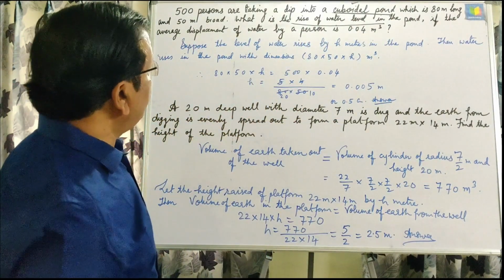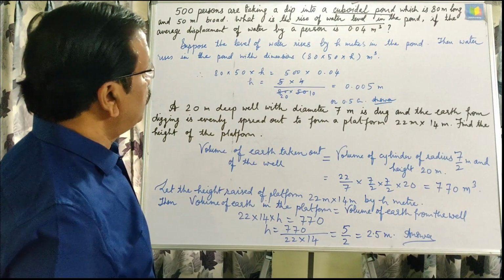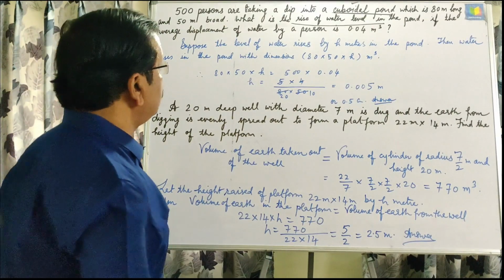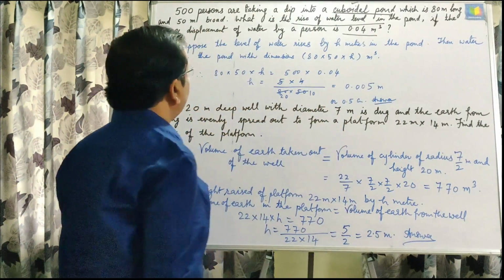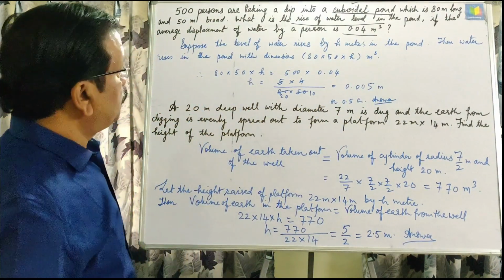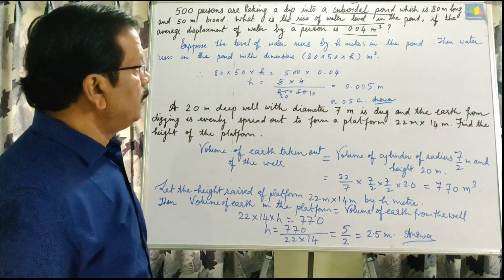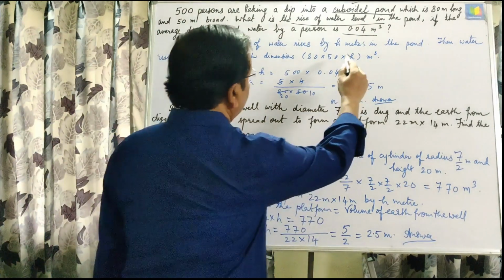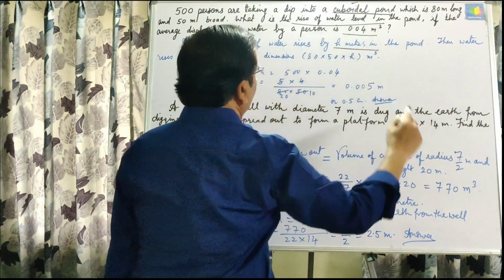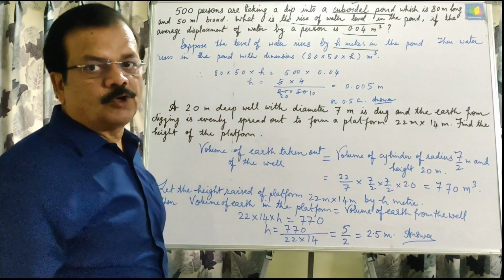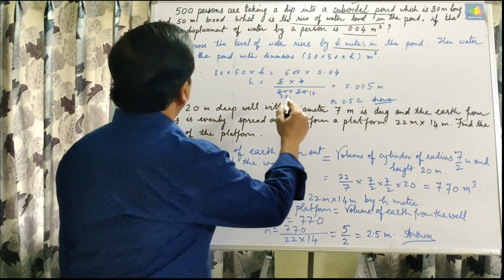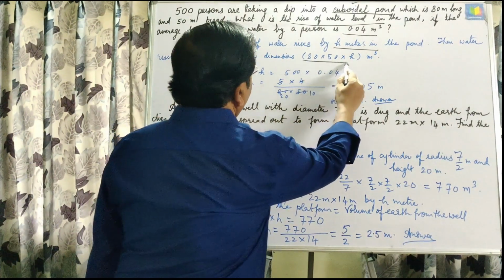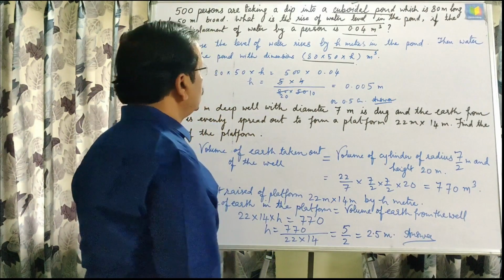If the average displacement of water by a person is 0.04 meter cube, and suppose the level of water rises by h meters in the pond, then we can find the volume of this cuboidal pond: 80 into 50 into h meter cube.